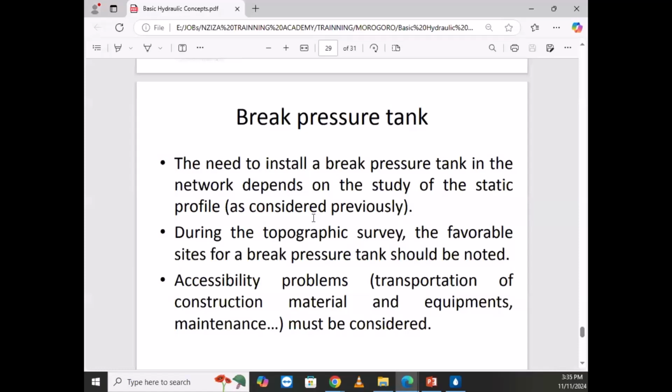So let's draw it now as it has to be. You may be having the network, the source here, and they want to distribute water along this line.